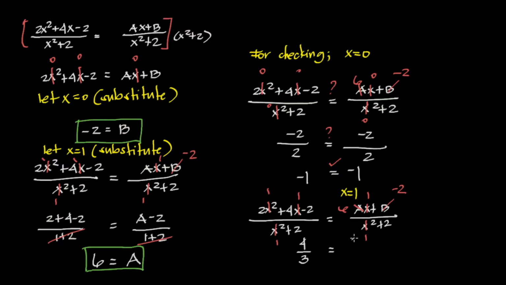That's 4 over, that's 1 squared, that's 1 plus 2, that's 3. Ayun. Oo nga, so same yung sagot. Okay, so yun, tama yung nakuha nating value ni a tsaka b. So that's it. Yan yung way of solving para kay quadratic factor.